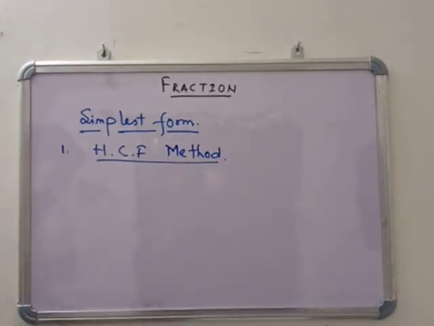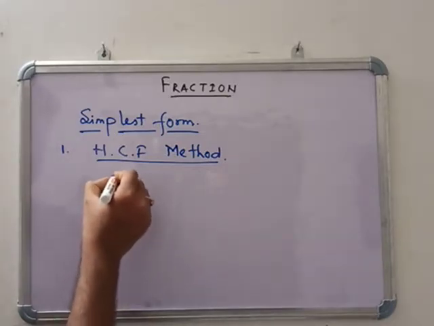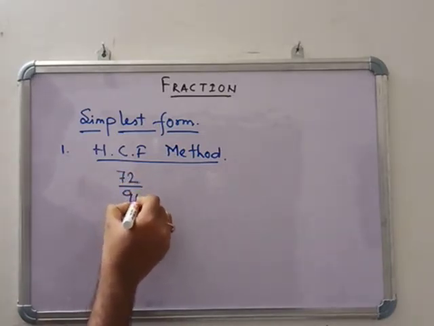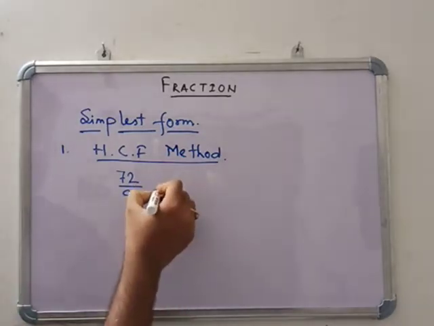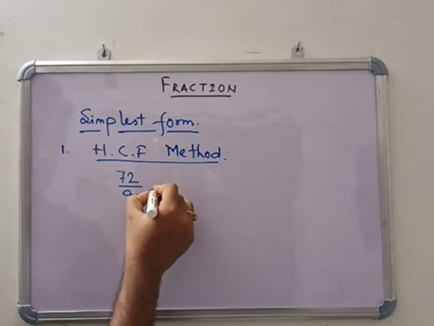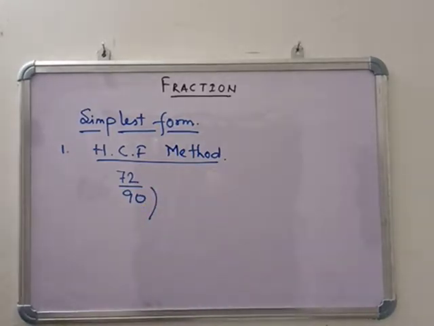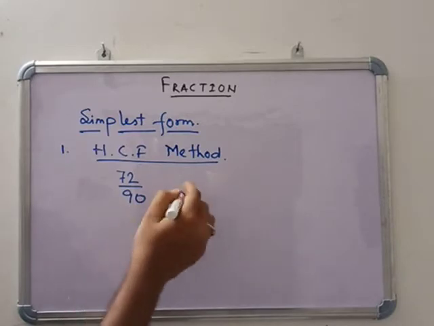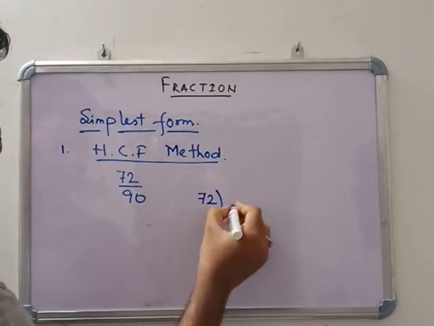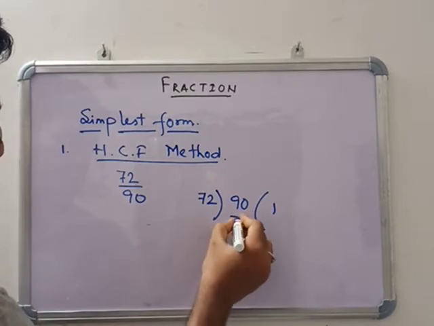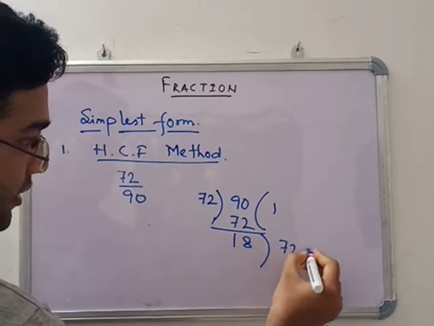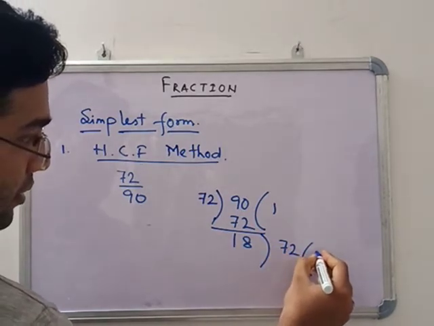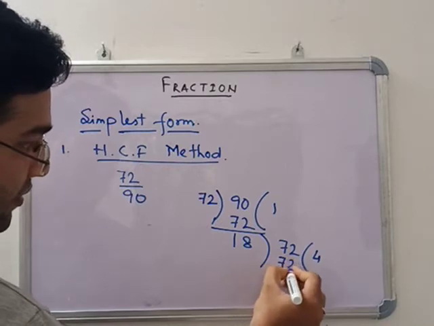HCF method means, suppose 72 by 90 is given. We have to find the simplest form of this fraction. We divide the bigger number by the smaller: 90 divided by 72, then 72 divided by 18.